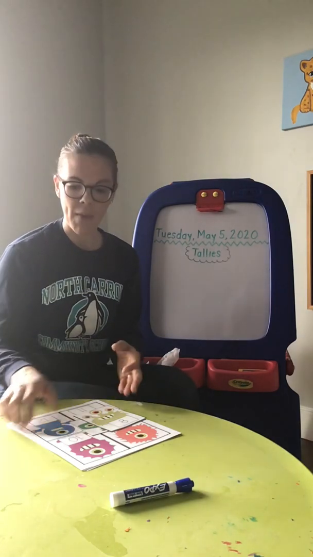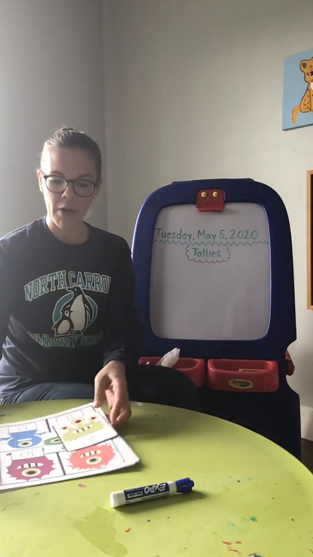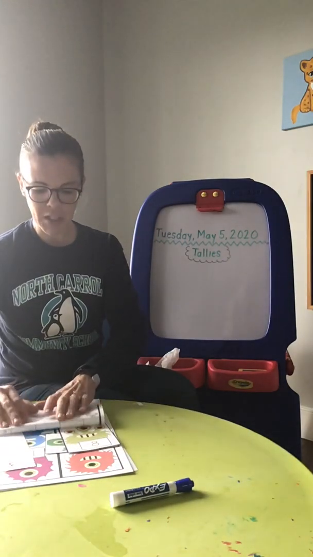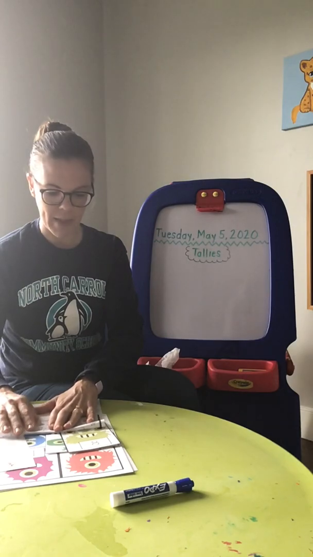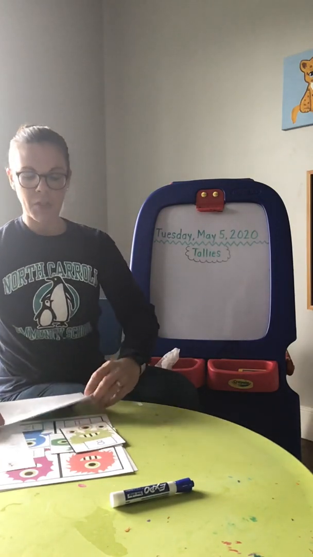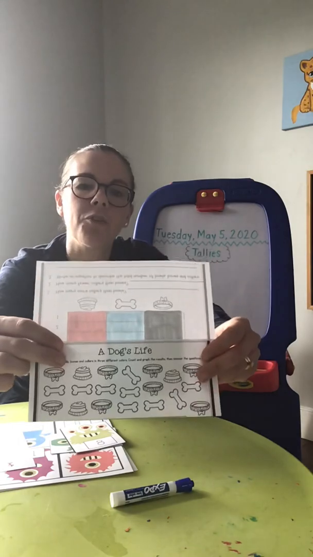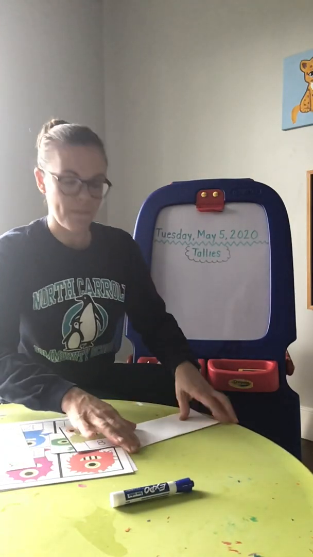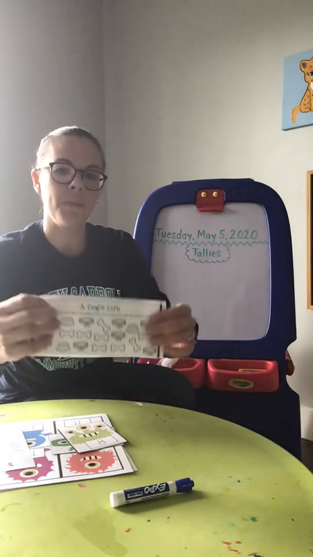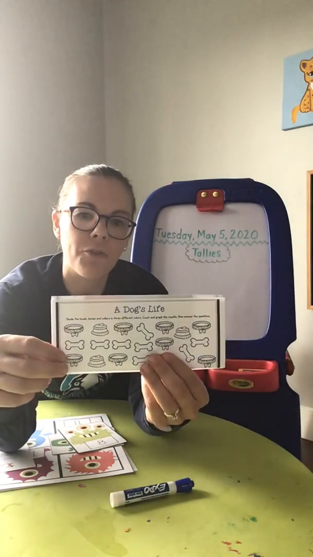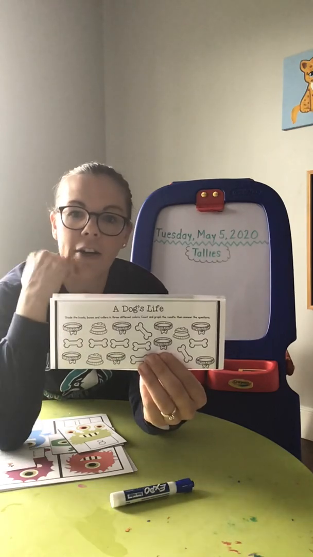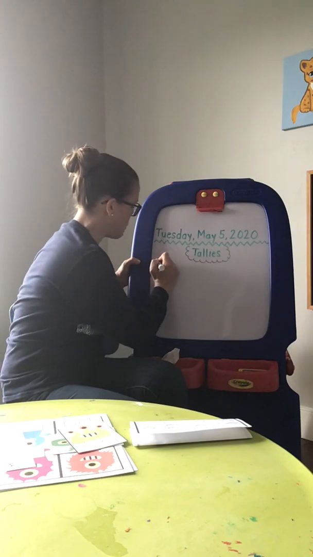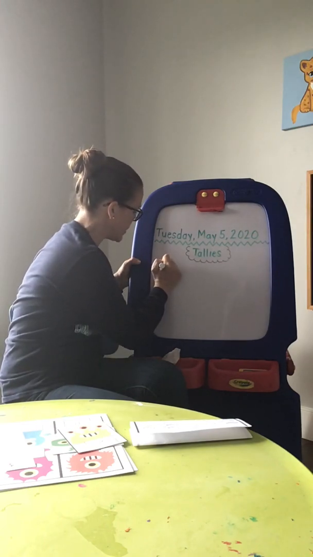So for example, if I were to go back to my graph from yesterday, I'm just going to look at the data that we were collecting, okay? So if I were to want to collect data for each of the objects that are in my dog's life graph, I might say bowls, because that's one of the objects.